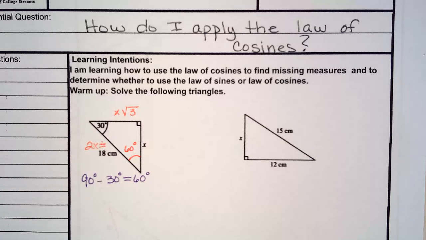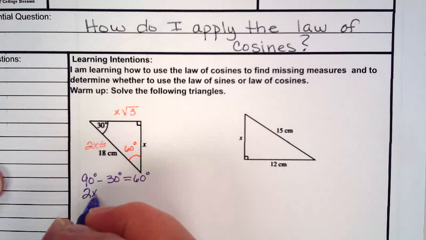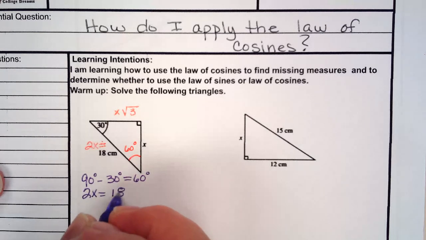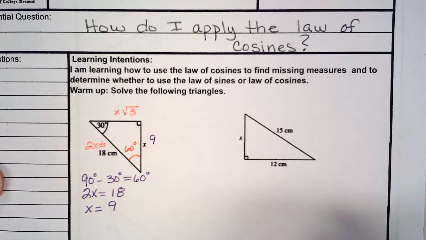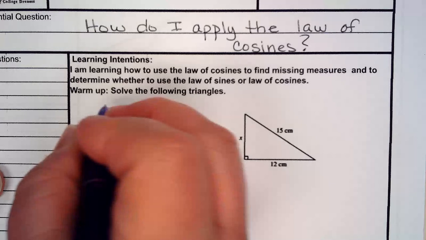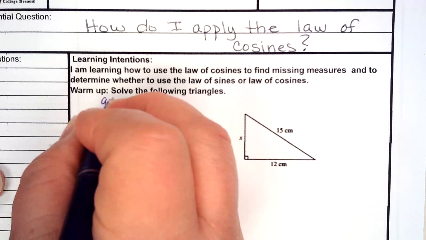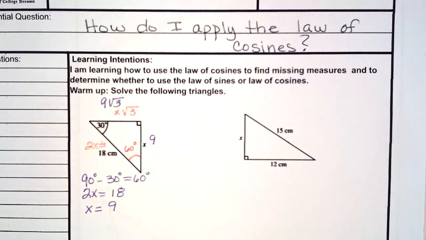Okay, so if 2x equals 18, then x will equal 9. This becomes 9 square root of 3. And we have solved it without really doing much math, just remembering what we need to know.